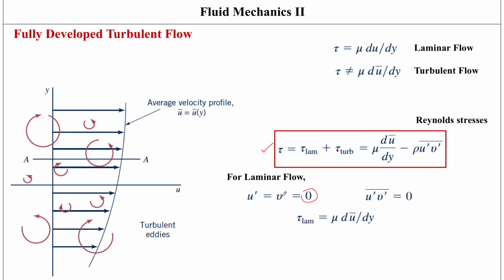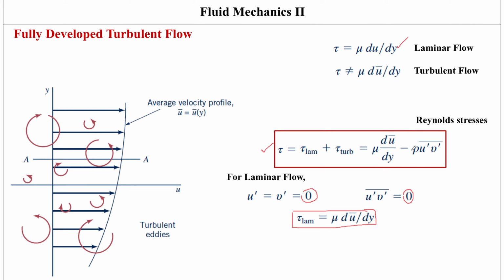And if an average was taken of these two quantities, which is shown by the bar here, that would be equal to 0 as well. So this entire term is going to be equal to 0, and we are left with this expression, which is the same one that we've looked at already for the laminar flow.